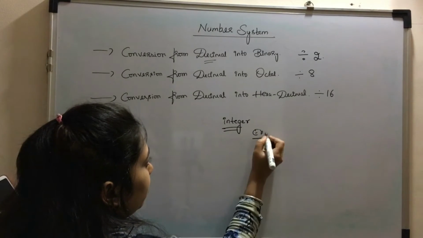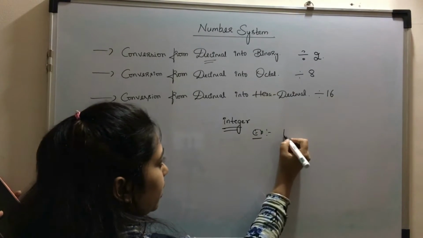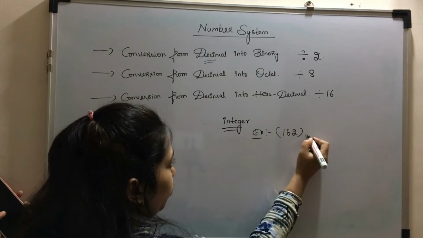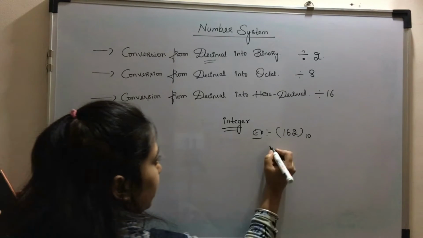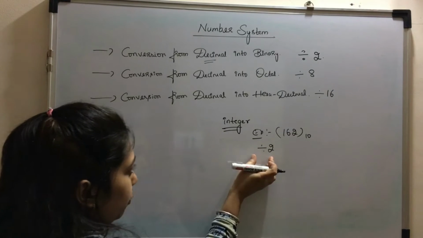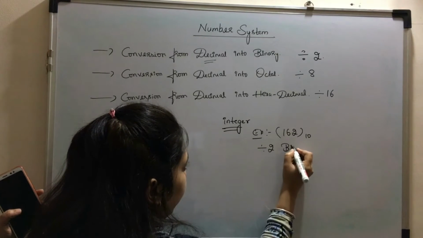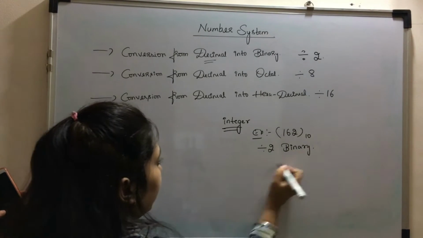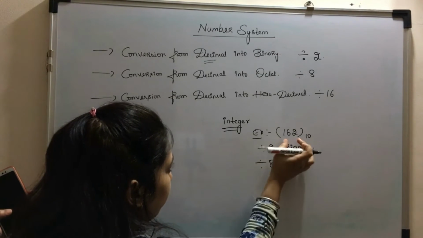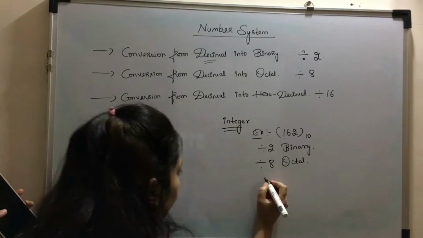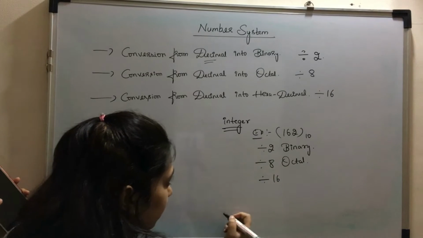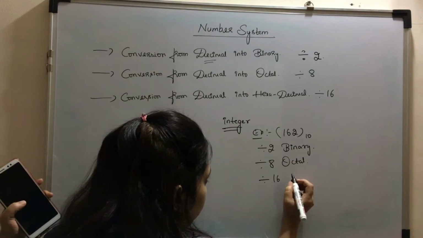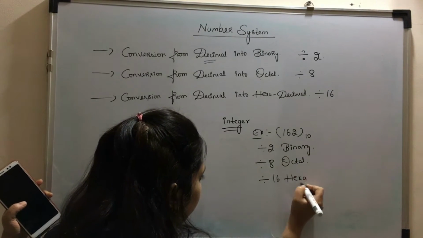For example, if the given decimal number is 162, then divide this decimal number by 2 to convert it into binary, and divide by 8 to convert this decimal to octal, and divide by 16 to convert this decimal number to hexadecimal.